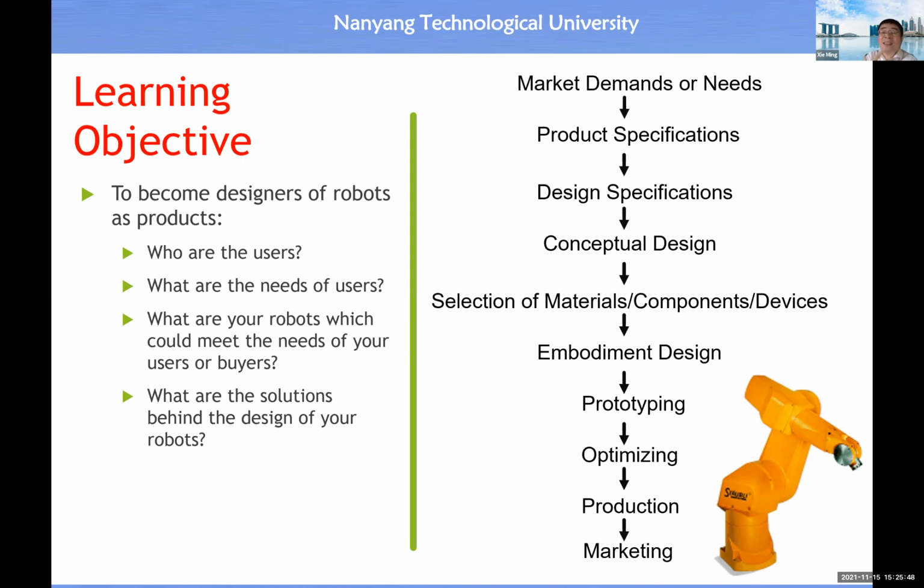produce the robot in advance, and then you try to sell your product to as many users as possible. Therefore, in this case, you need to know who will be the generalized user, what will be the generalized need.